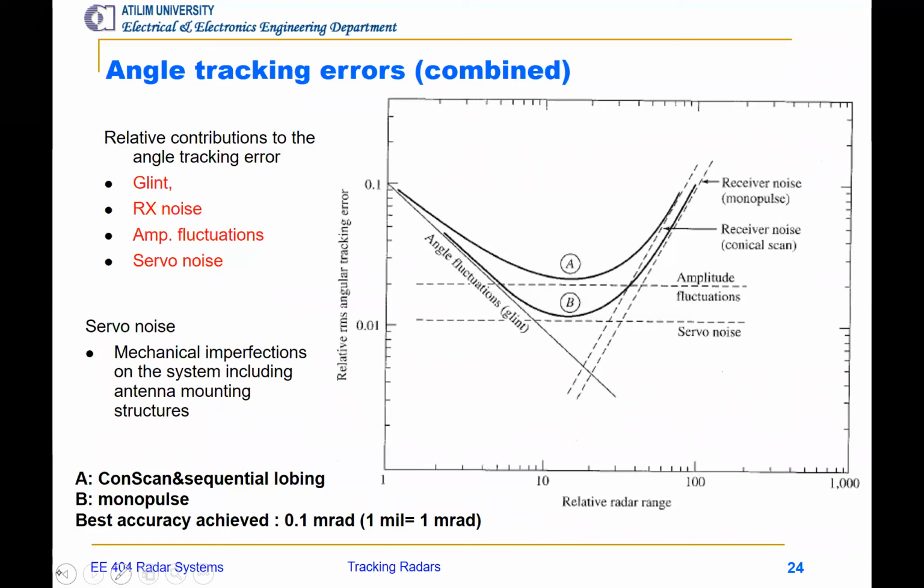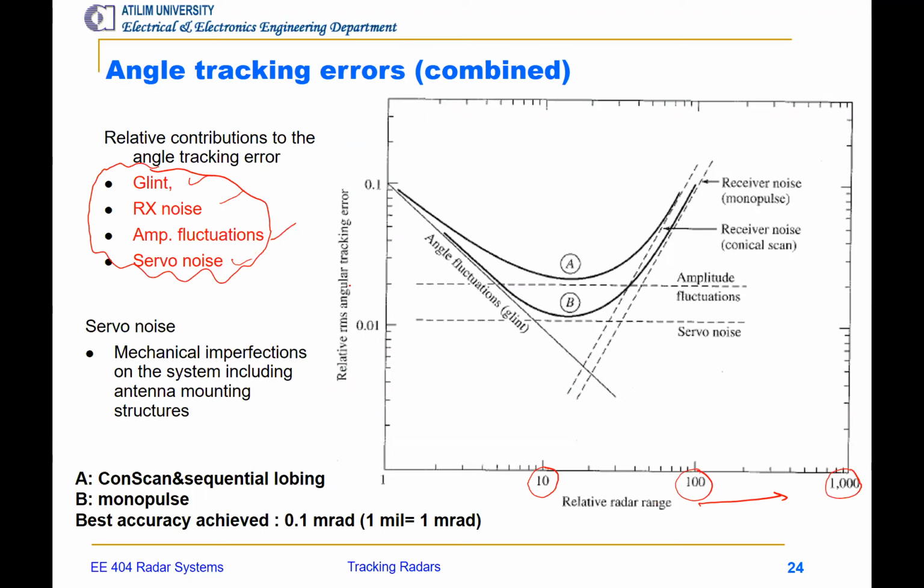And we can see the sources of error: glint, receiver noise, amplitude fluctuation, and servo noise. In this figure, you can see relative radar range. We are not giving any unit, just normalized. If this is, for example, 10 nautical miles, we talk about 100 nautical miles and 1,000 nautical miles.